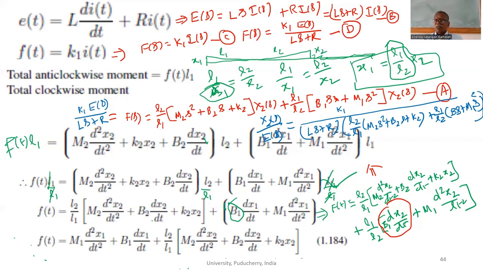That's all. This is the transfer function of the given mechanical system, assuming that x2 is output, E is input. Applied voltage is the input. This is the transfer function model of the given mechanical system.